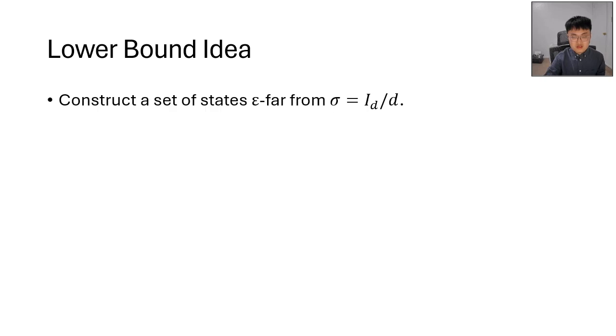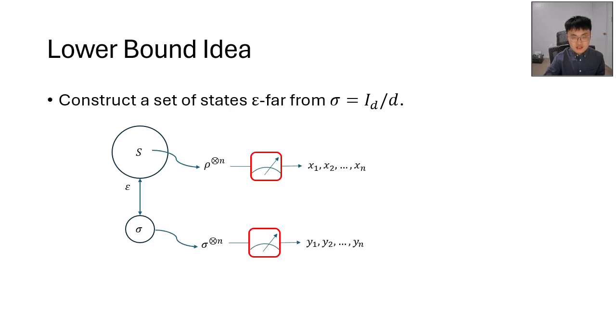So how to argue this concretely? We construct a set of states that is epsilon far from our reference state, which is the maximally mixed state. So we design a binary hypothesis testing problem. When we apply some measurement on these two cases, to distinguish them, we need the outcome distributions of the two cases to be sufficiently separated.